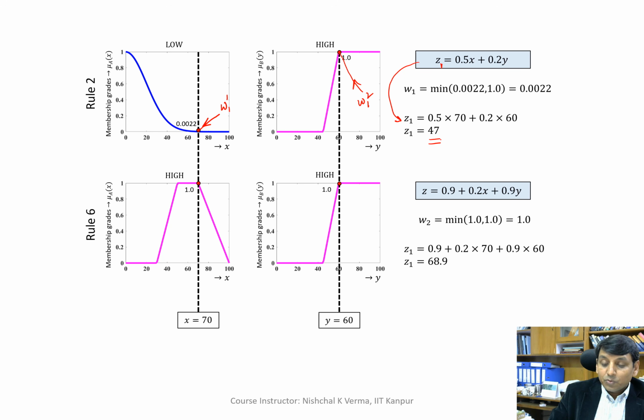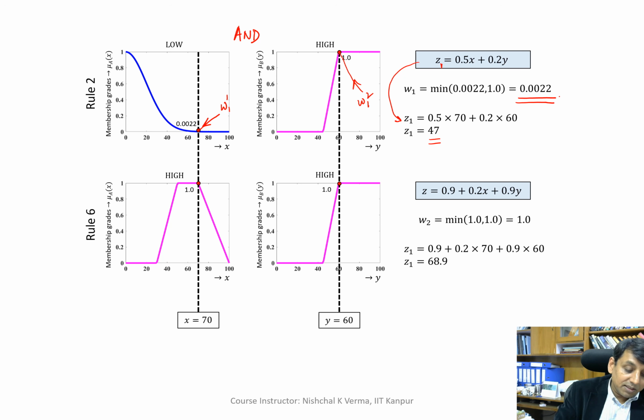Now W1 will have min. Why min? Because here the connective is AND, so that's why we are taking min here. If we take the min of the two values W11 and W12, we get 0.0022. So we have here W1 and Z1.